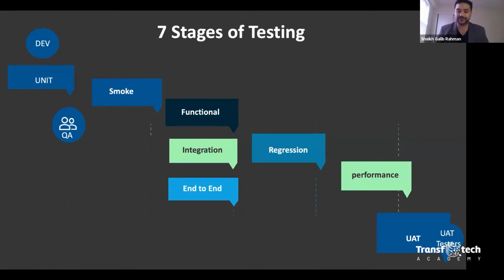Each of these acceptance criteria needs to be tested. For each of these, you need to write test cases in Jira for functional, integration and end-to-end. The functional is the first one.